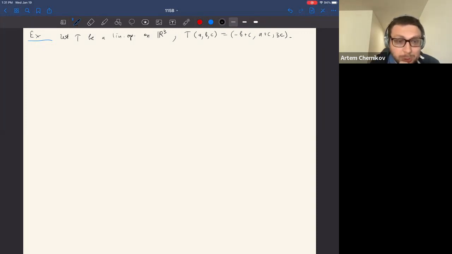And let me remind you, last time we determined the cyclic subspace corresponding to this operator generated by the first vector in the standard basis. Okay.